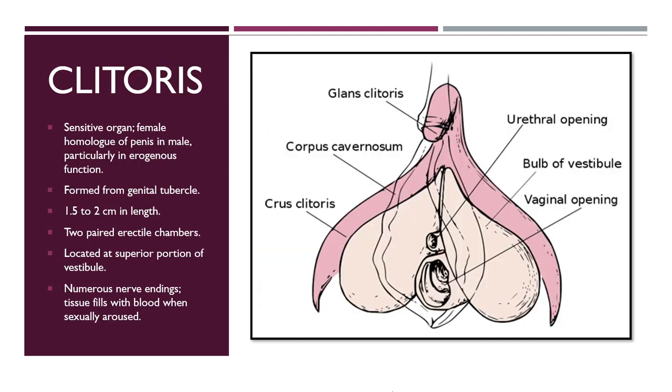Now the clitoris is hidden. When you look at the vulva in a normal female individual, especially of childbearing age or early menopause, you will see just the opening of the glands. You'll just see the glands, okay? And it should be about the size, give or take, of a Q-tip.